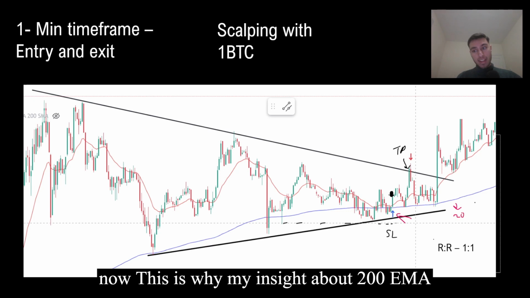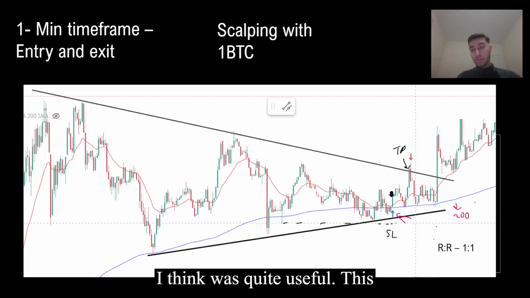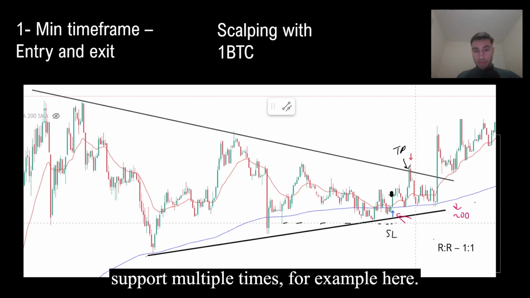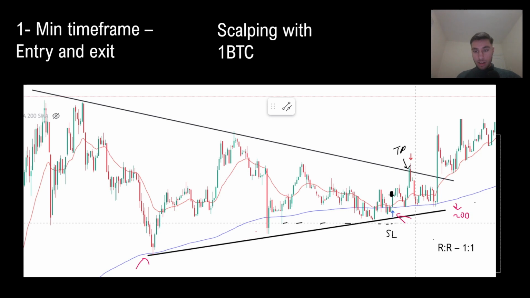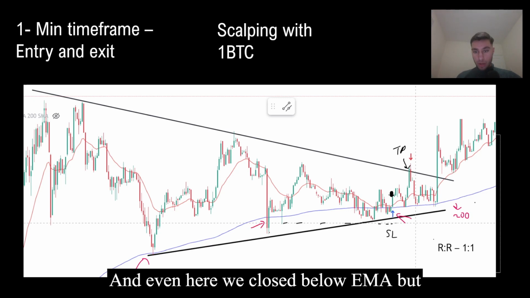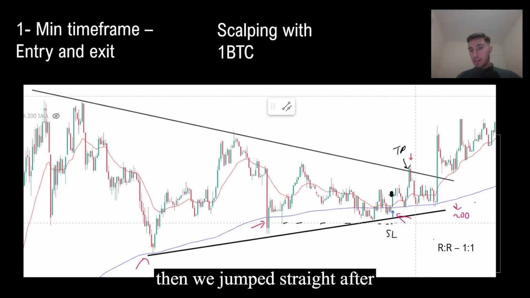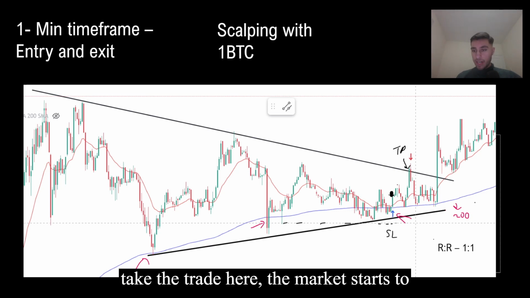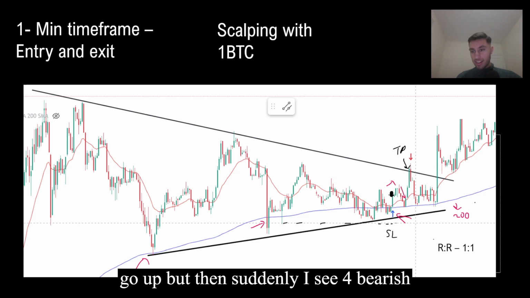And now this is why my insight about the 200 EMA I think was quite useful. This 200 EMA was useful for support multiple times. For example, here and even here, we closed below the EMA, but then we jumped straight after the 200. So that's what it was. So I take the trade here, the market starts to go up, but then suddenly I see four bearish candlesticks.